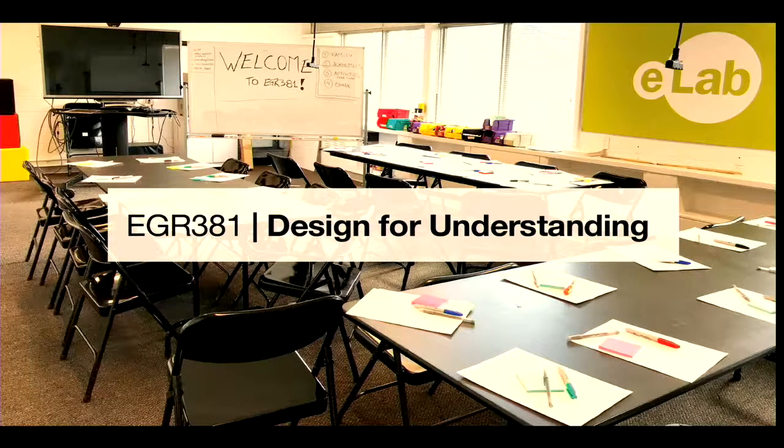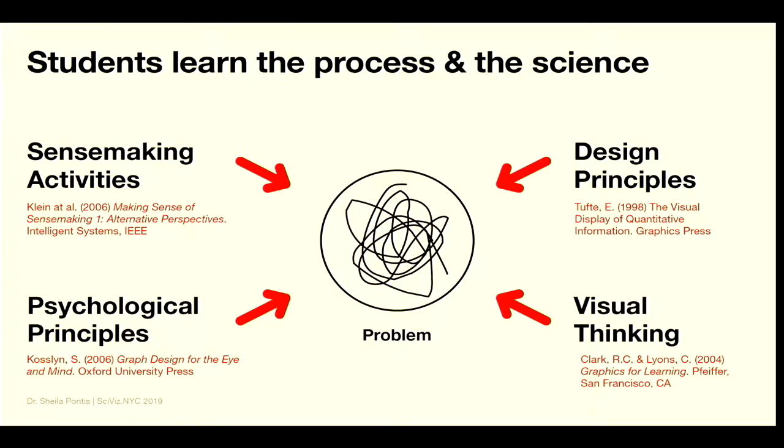Because Princeton students don't have a strong design or artistic background, the course is not focused on technical skills or on learning software, but actually students are learning the process and the science behind the field.